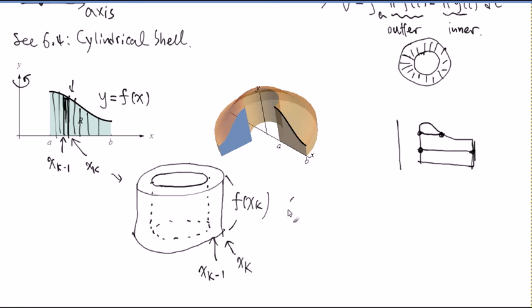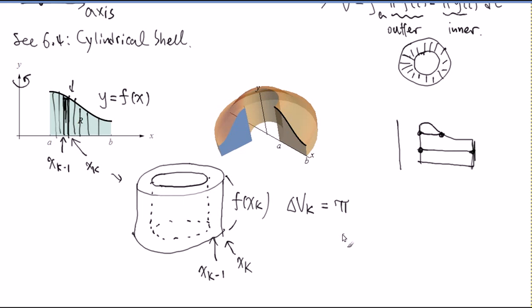Base times height, right? Base times height. So the volume of this kth shell is going to be the can of the outer part minus the volume of the can of the inside part, right? So what is the base area of the bigger shell, bigger can, solid? Base times height, what is the base? Circular, right? So pi r squared.